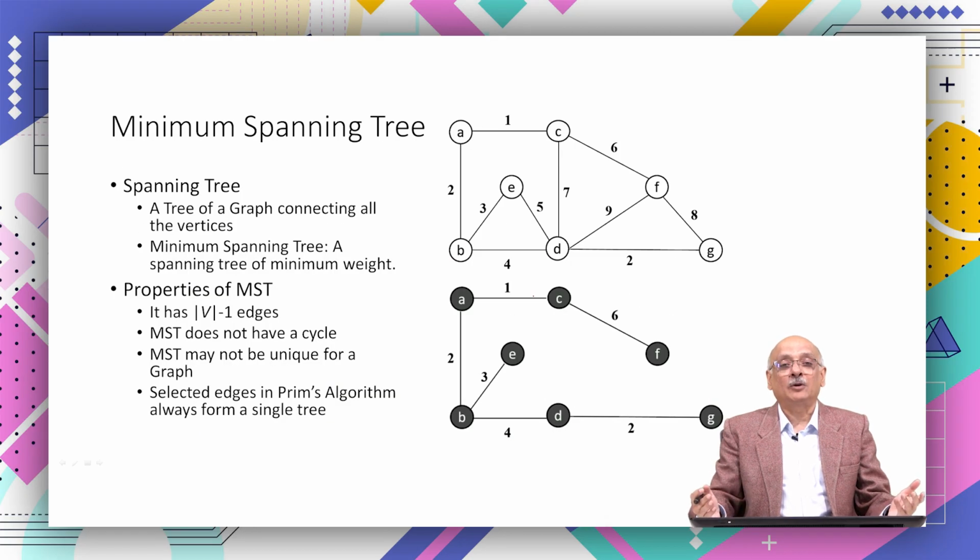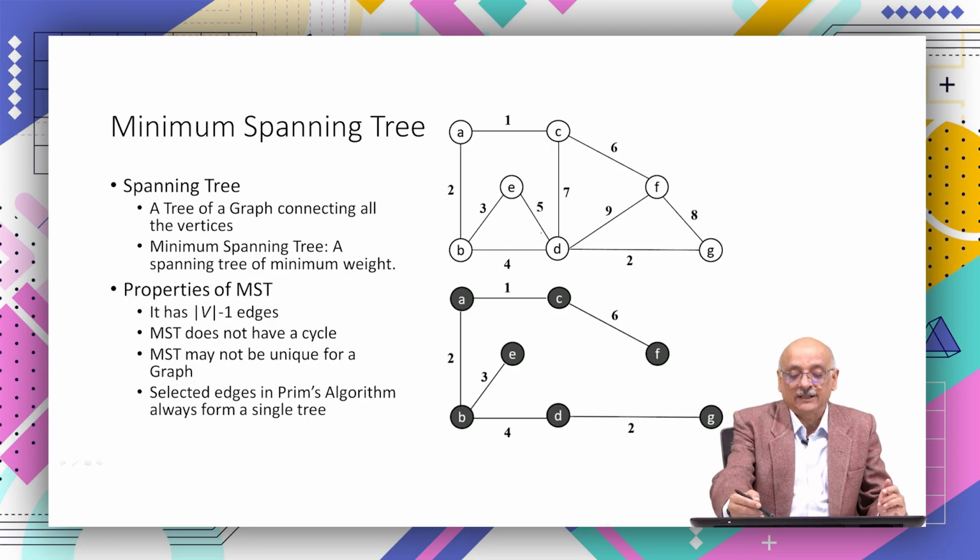And about the minimum cost spanning tree, once again, how many edges are there? If there are 7 nodes, there are going to be 6 edges. So you have a total of 6 edges when you have 7 nodes. That is a typical property of a minimum cost spanning tree.